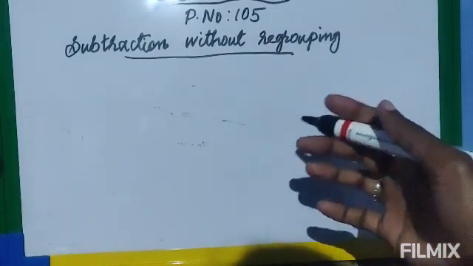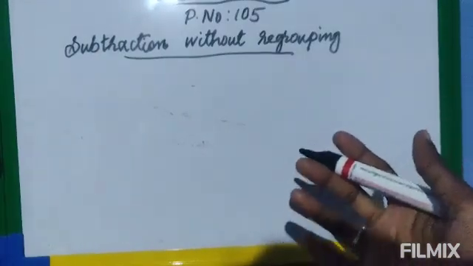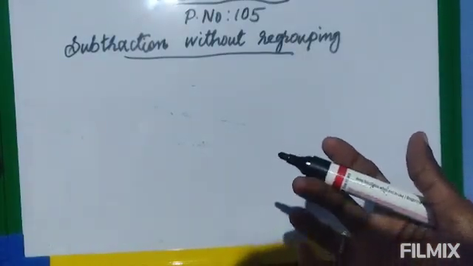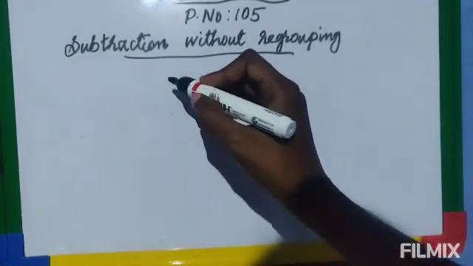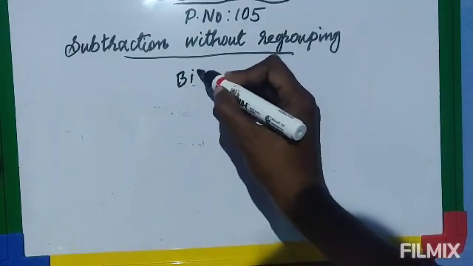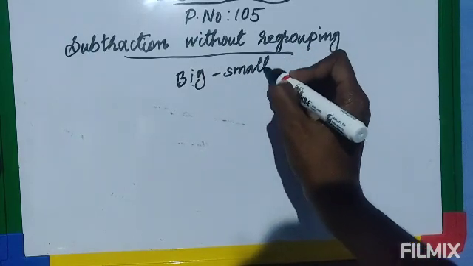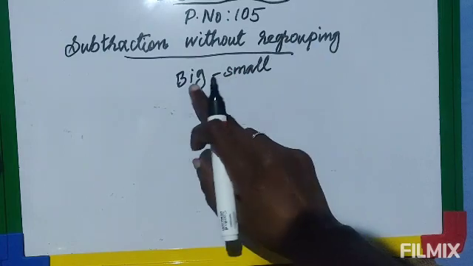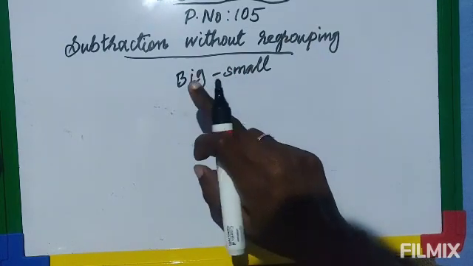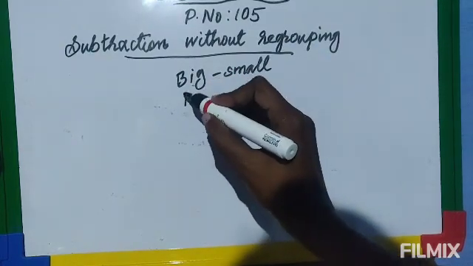Now page number 105, subtraction without regrouping. Regrouping means carrying over. In subtraction, it is borrowing. In subtraction, we subtract the small number from the big number. But if the small number comes first, you cannot subtract the big number from the small.